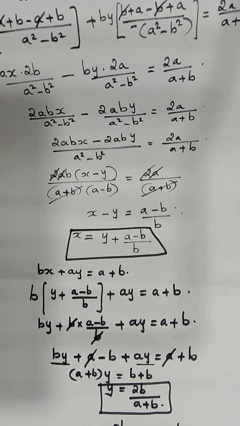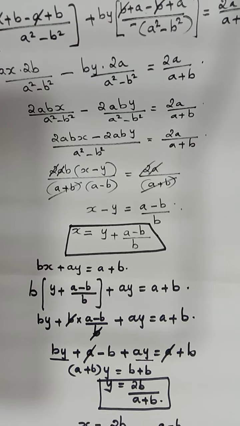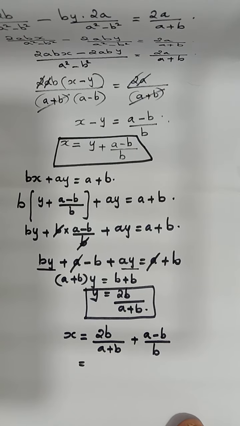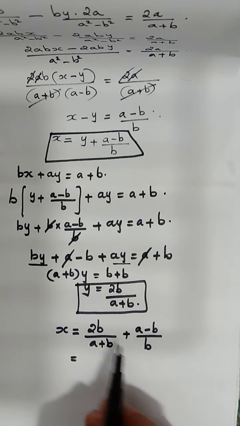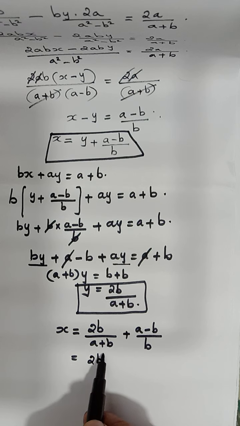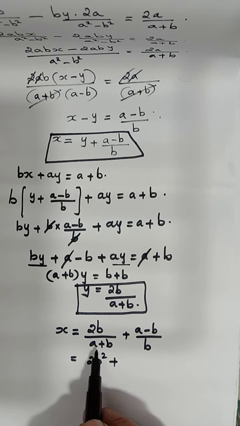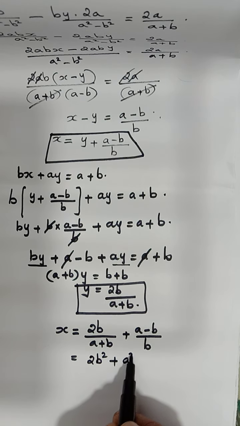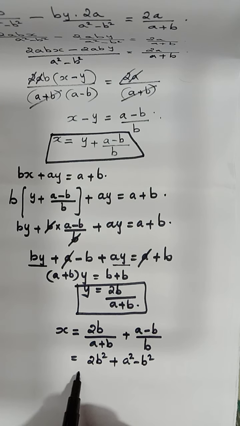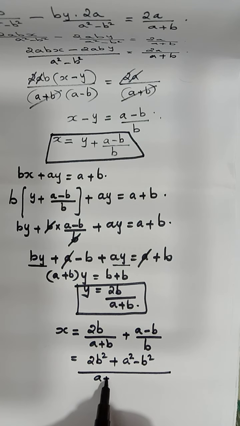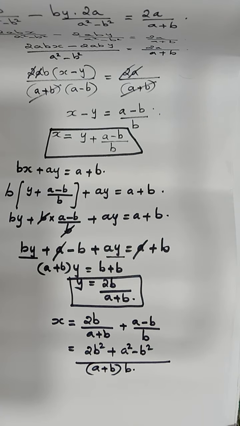what do we get now? We can cross multiply 2b into b. We'll cross multiply, children. 2b into b is 2b square, plus a plus b into a minus b is a square minus b square, divided by a plus b into b. We'll open the bracket.